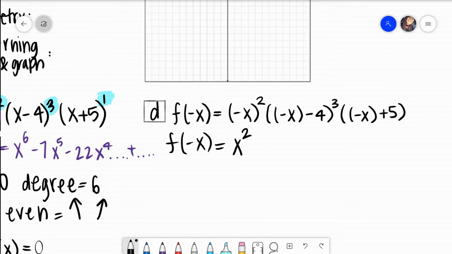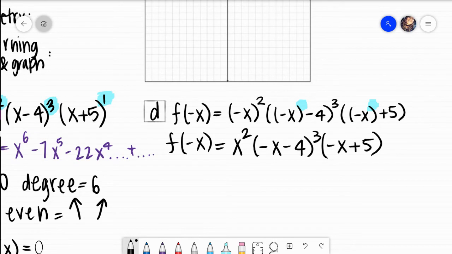If I look here, of course it's not written because it's invisible, there's a 1 there. That's not even, it's odd, which means it's going to stay negative.